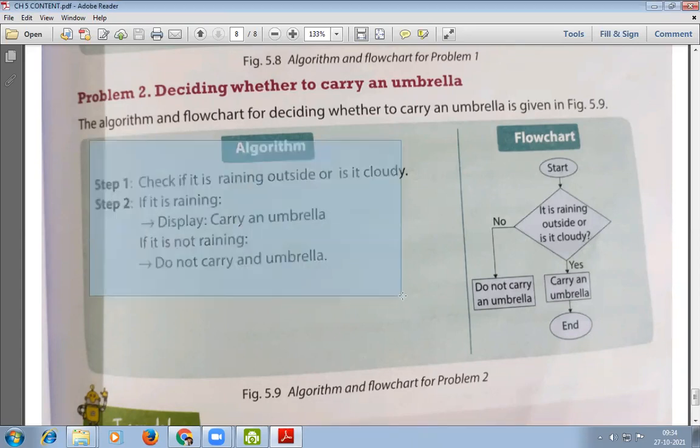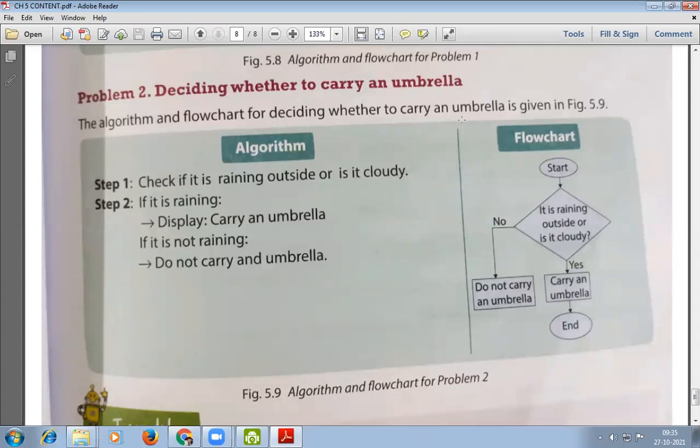Step 1, check if it is raining outside or if it is cloudy. Step 2, if it is raining or cloudy, display carry an umbrella. If it is not raining or cloudy, do not carry an umbrella. Simple. If it is raining outside or cloudy outside, then we should take an umbrella. Otherwise, no need to take any umbrella.